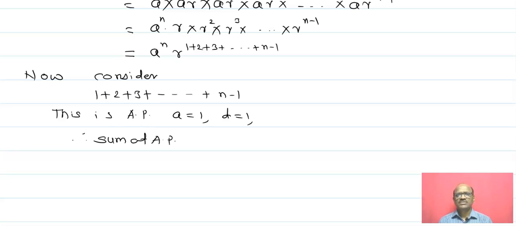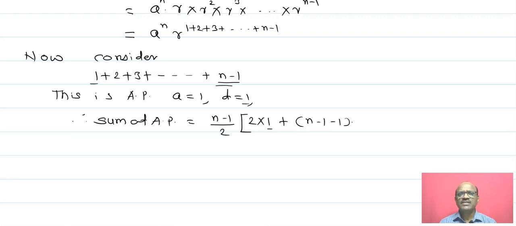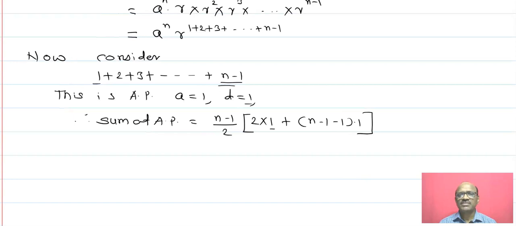The sum of an AP is n upon 2 in bracket 2a plus n minus 1 into d. This is the formula from the 10th standard. In the same way here, n minus 1 upon 2, 2a where a is 1, plus n minus 1 into d. Here the common difference is 1. Now simplify this.